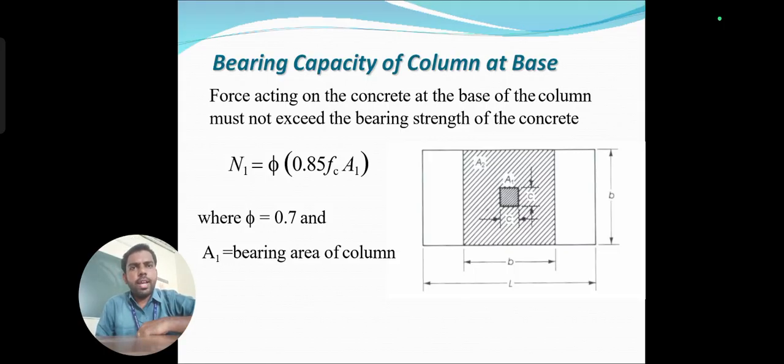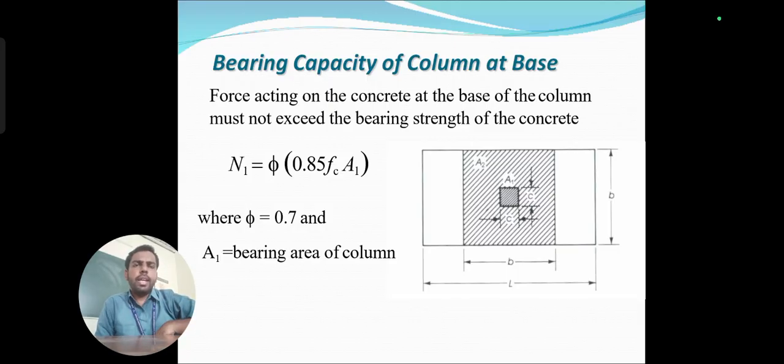This phi value should be based upon the bearing area of the column. If the area of the column varies, the phi value also varies. The force acting on the concrete at the base of the column should not exceed the bearing strength of the concrete.